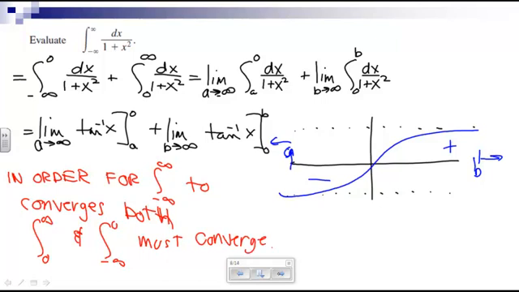In order for the overall integral that we broke into two pieces to be convergent, both sub-integrals must be convergent.